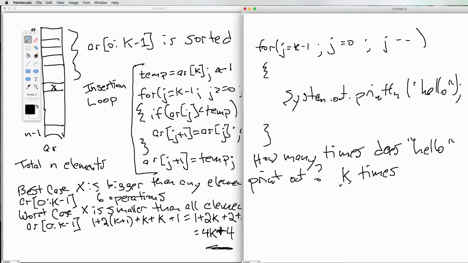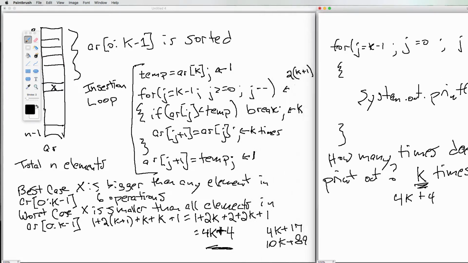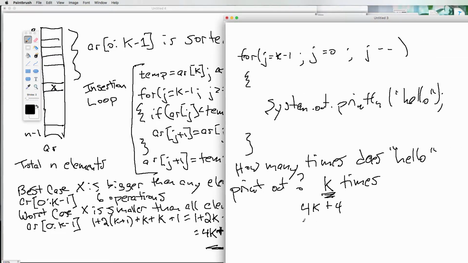Well, I want you to compare this k with what we got over here. We had a 4k plus 4. And we argued, well, maybe it could have even been some other numbers. It might have been 10k plus 89. It might have been 56k plus 1002. But the point that is important here is notice that in all of these answers, the biggest variable we had is k to the first.